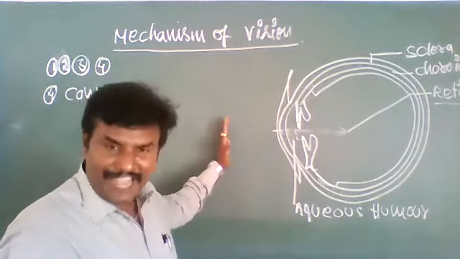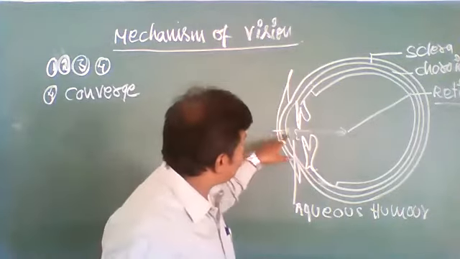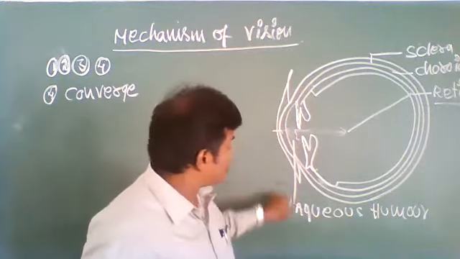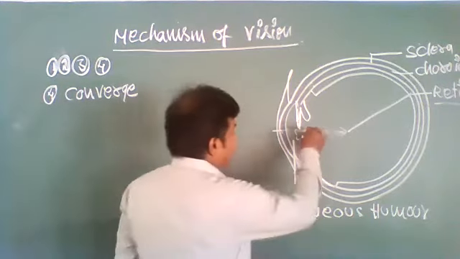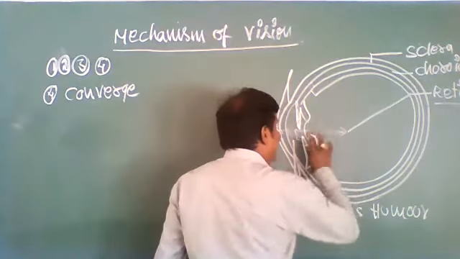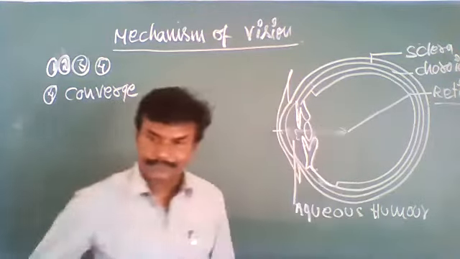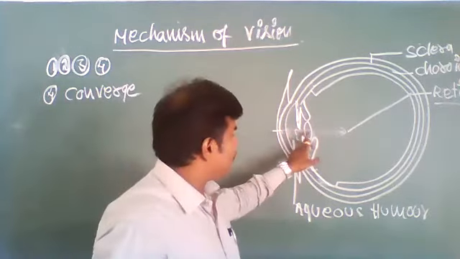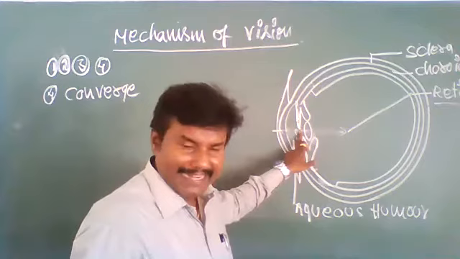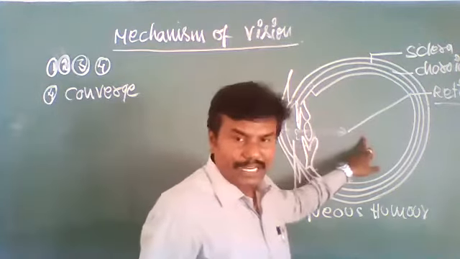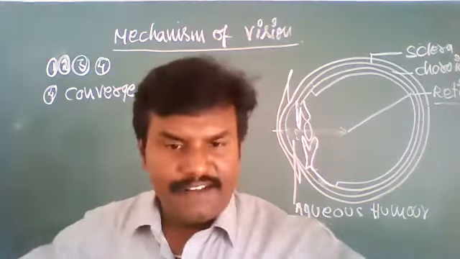This small chamber is called the aqueous chamber, and it is filled with the fluid aqueous humor. Then the lens, then aqueous humor, pupil, lens, aqueous humor, and finally they are focused on the retina in the form of an inverted image.